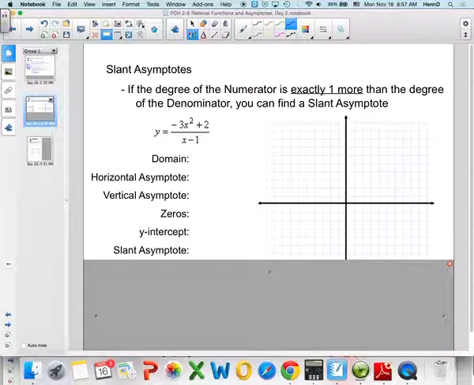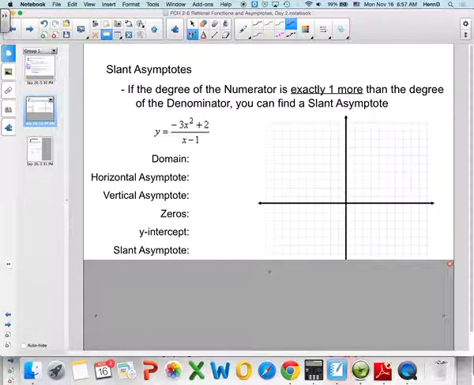If it has a slant asymptote, it definitely does not have a horizontal asymptote, because the numerator has to be bigger than the denominator. So you'll have one or the other. You're still going to want to check for what it'll have, okay?